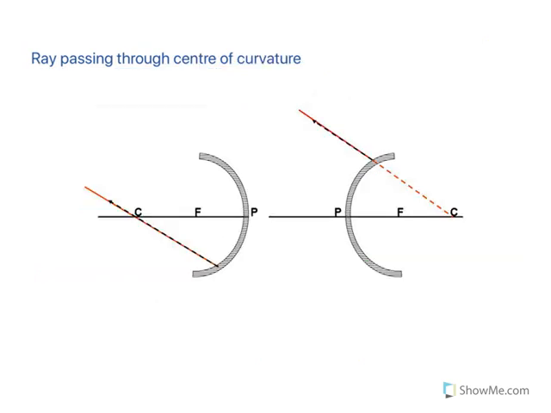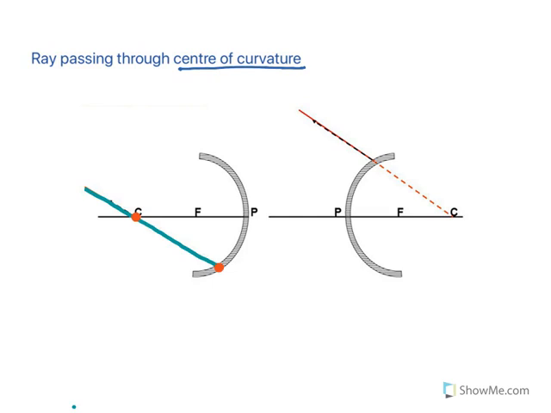Ray passing through the center of curvature. So here is the center of curvature, and a ray passing through the center of curvature is passing along the normal. See here, the normal also will be at the same point, because you know what the normal was? The normal was the line between the point of incidence and the center of curvature.